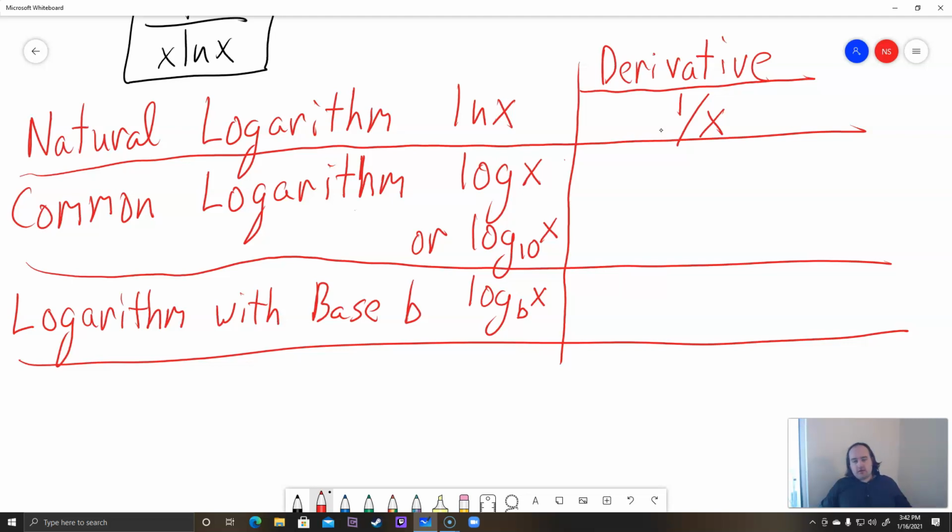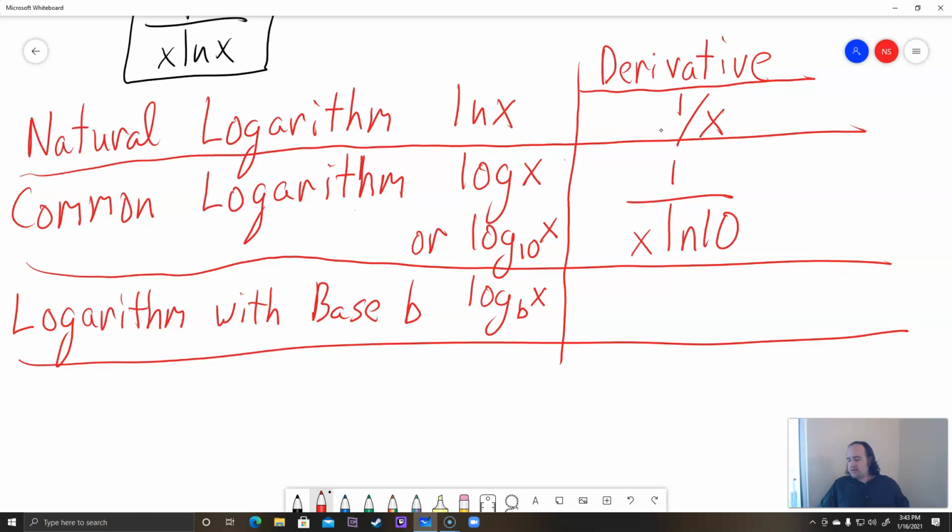Okay, so the derivative d dx of, for example, log base 10 of x is going to be 1 over x times ln of 10. So ln of the base. So this is going to be 1 over x times ln of 10.